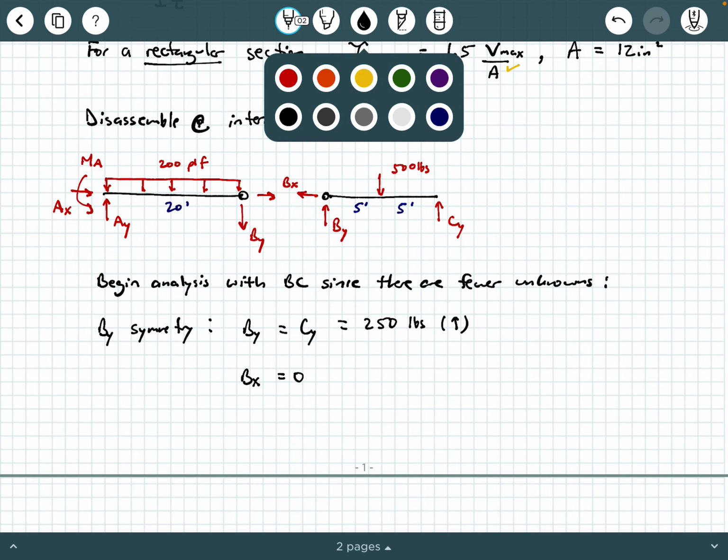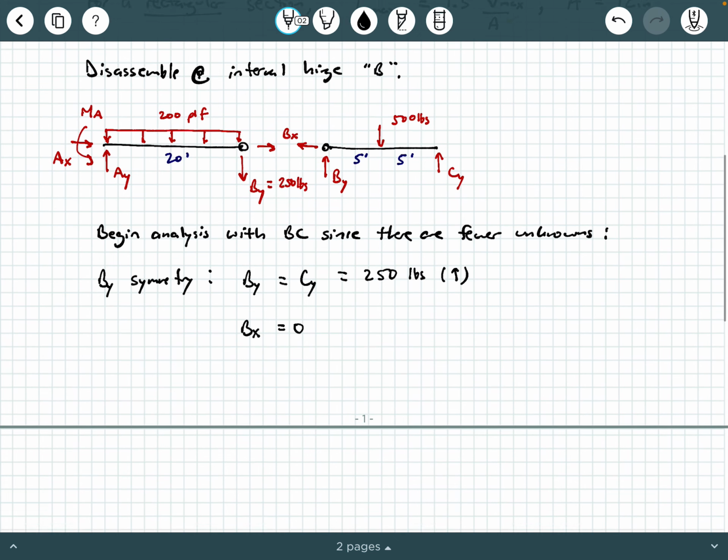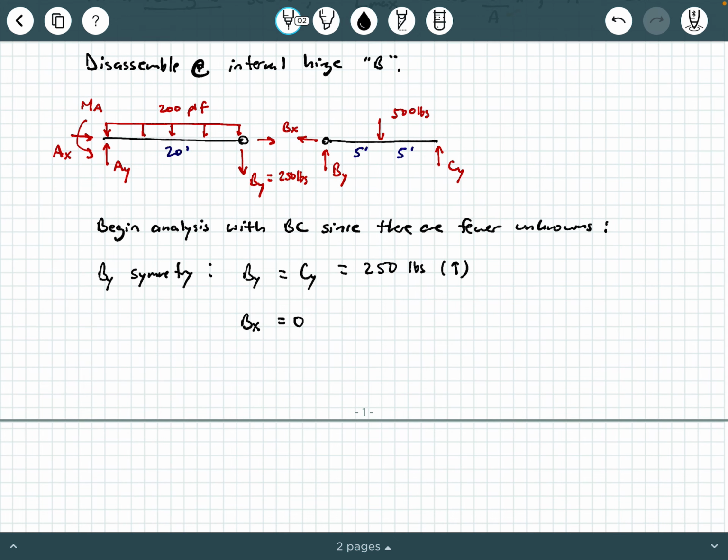And in this left free body diagram, of course, BY is 250 pounds, but it is, in fact, pointing down in the left free body because in the right free body, it was pointing up by this calculation here. And so looking at this left free body, I can say free body diagram of AB now.